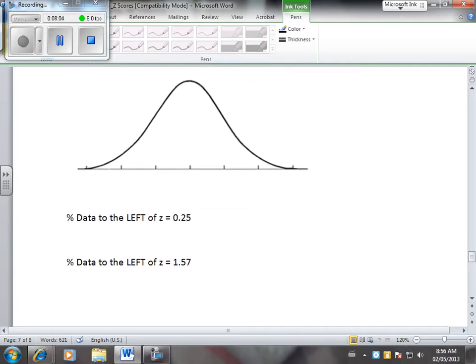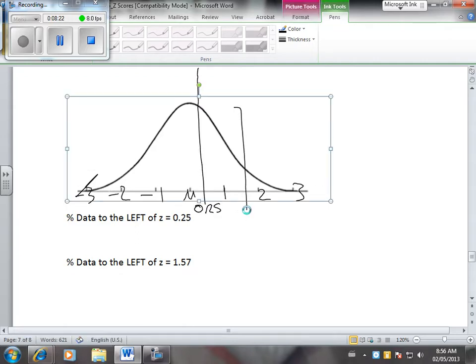And again, if we label our mu, 1, 2, 3, -1, -2, -3, we have 0.25, I'll just put that there, and 1.57, and I'll put that there. And so what you want to do is find what is in there.